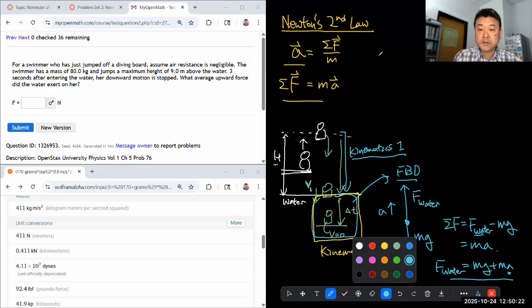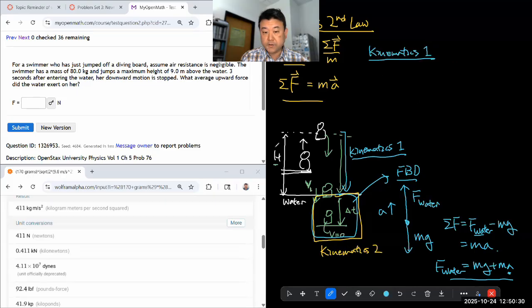For kinematics 1, we are given the displacement, and we know the gravitational acceleration, and we are not given time. For a situation like that, starting with v equals 0 at the top, the v squared formula is what will be most useful. V final squared is equal to v initial squared plus 2 times acceleration times delta x.